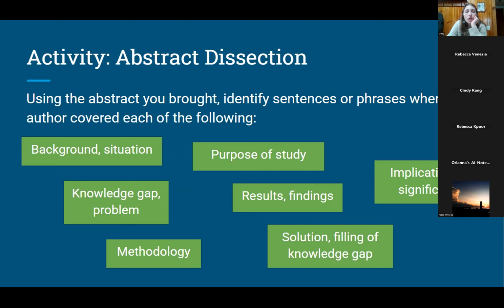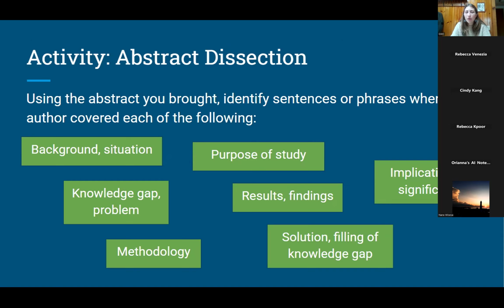I'm going to send you to breakout rooms and you can talk amongst yourselves, or if you want to look at it by yourself, that is okay too. But see if you can pull out some of the major parts of the abstract, and then I will bring us all back and we'll talk about it together. Then we'll move on to the next little activity, which we'll do as a whole group. Does that sound all right to everybody?